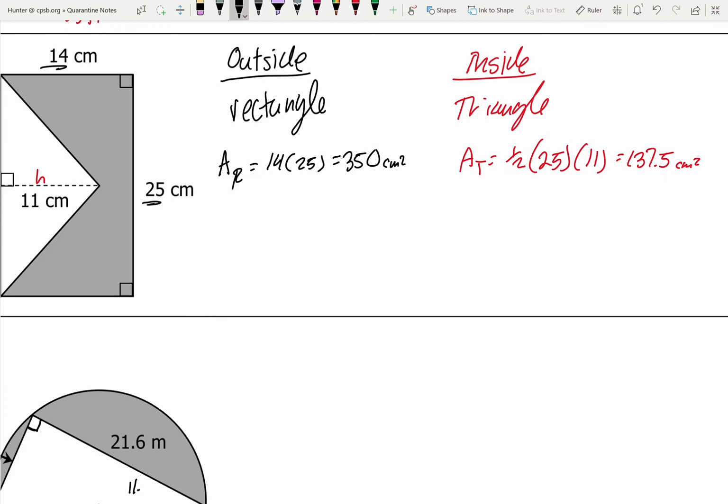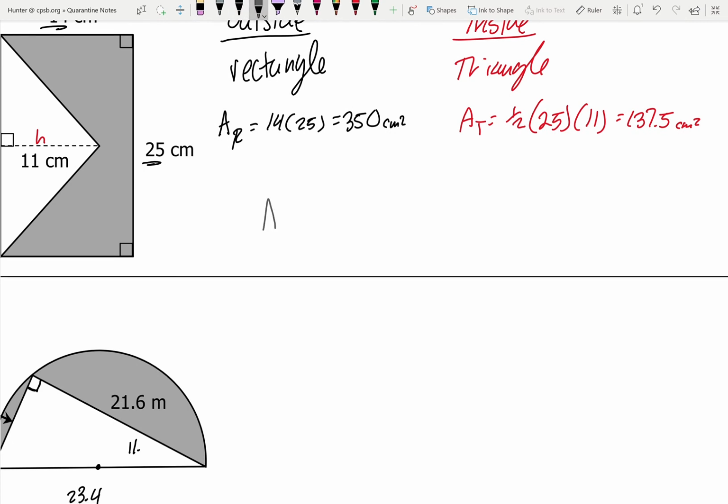Really, once you've found the areas of your two shapes, you can obviously tell which one's going to be subtracted from the other. You're always going to take the bigger area minus the smaller one. So our area is equal to the area of the rectangle, which is 350 centimeters squared, minus the area of the triangle, which is 137.5, to give me an area of the shaded region of 212.5 centimeters squared.